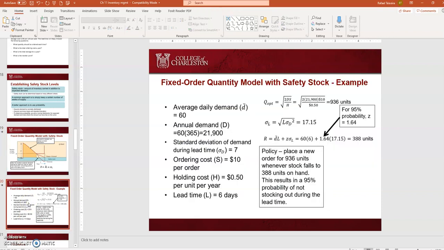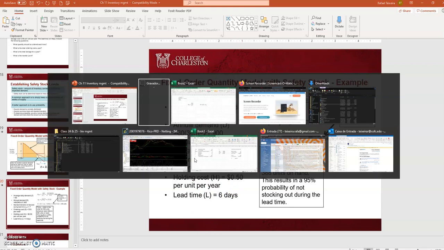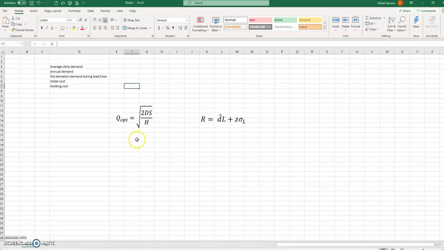Okay, so let me show you an example. This is the fixed order quantity model with safety stock from our slides. And what we have here is some pieces of information. I'm going to use Excel to start putting this information here. So our average daily demand is our D bar, that's 60.